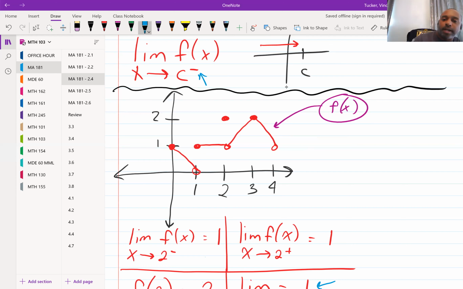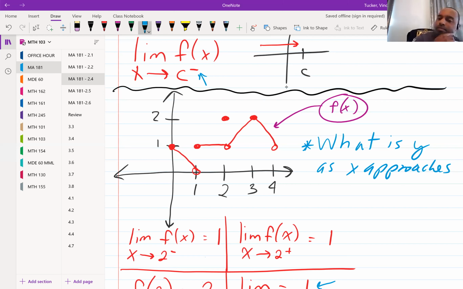So basically you want to know what is y as x approaches the value.